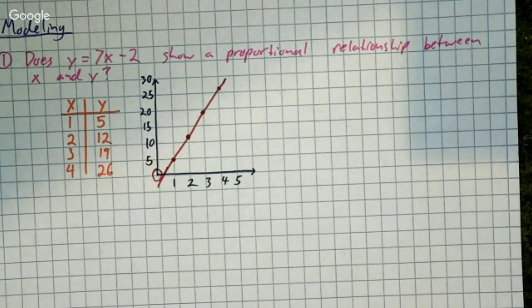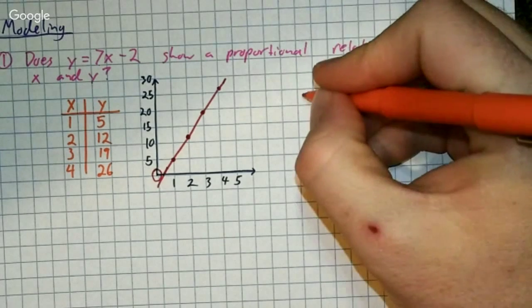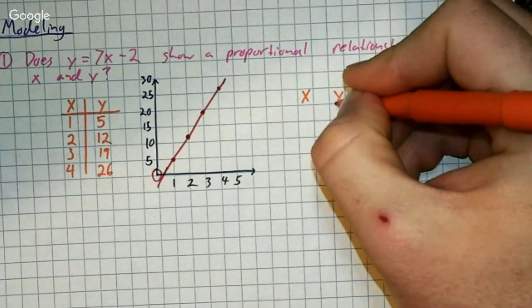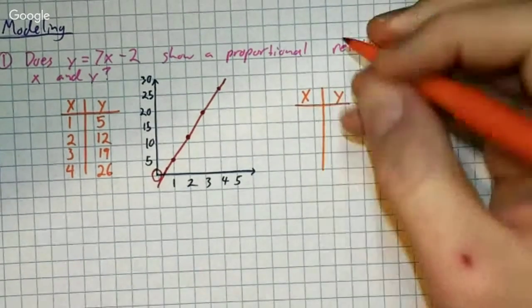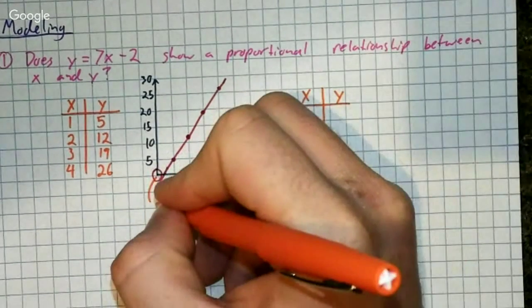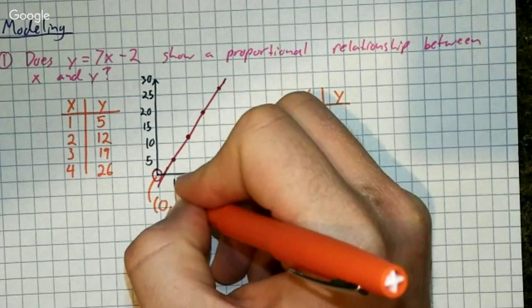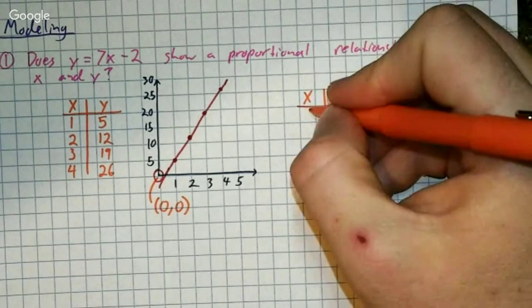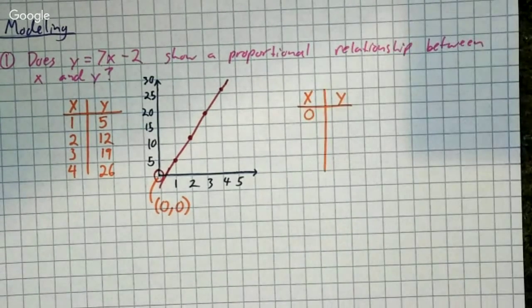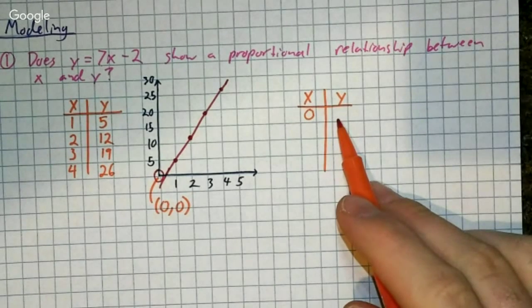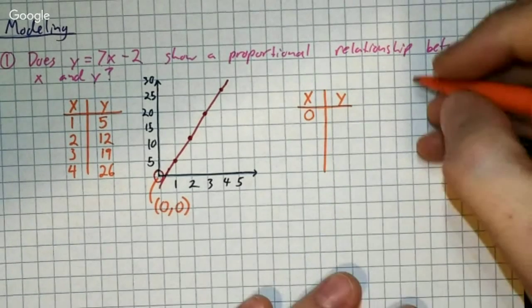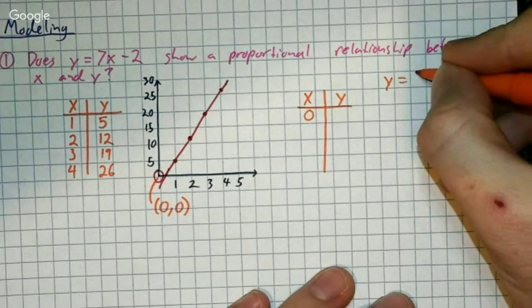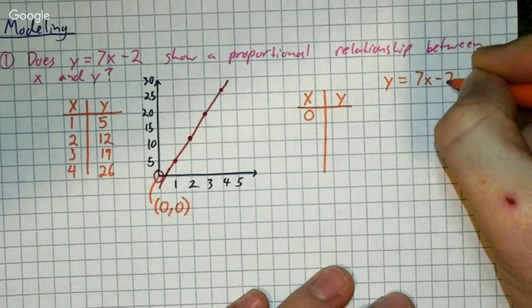And that is, we'll go back to our chart, and instead of starting with x equals 1, remember, the origin is 0, 0, meaning x and y both need to be 0. So if I say that x is 0, to make it proportional, y would have to be 0 as well. So let's try it. And I'm actually going to write it out this time. Y equals 7x minus 2.